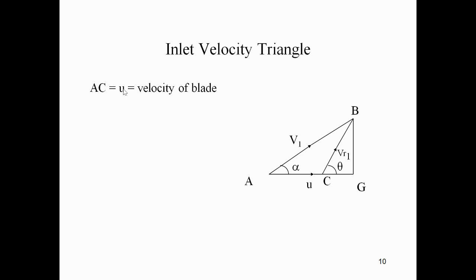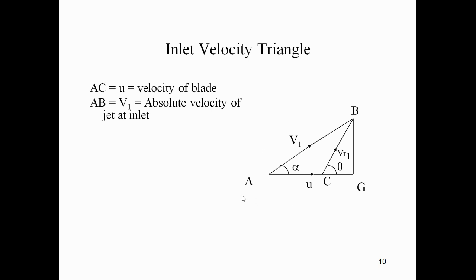AC equals u, the velocity of the blade. Next, AB equals v1, which is the absolute velocity of the jet at inlet.